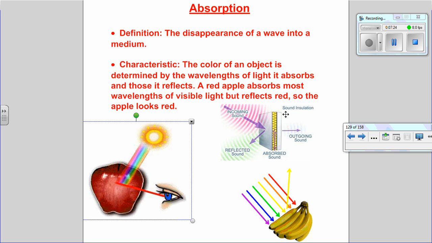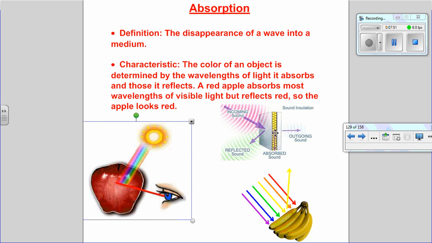Sound waves can also be absorbed. This right here is an example of a wall that has sound insulation in it. This is how you would make a room that is soundproof. You would put insulation in the wall that would be able to absorb those sound waves, and that is how sound waves get absorbed, okay, through this insulation.